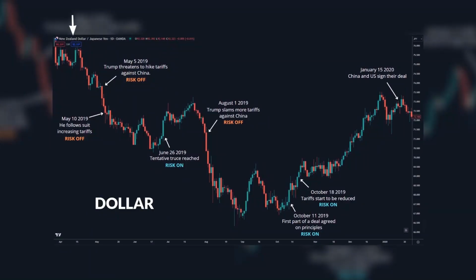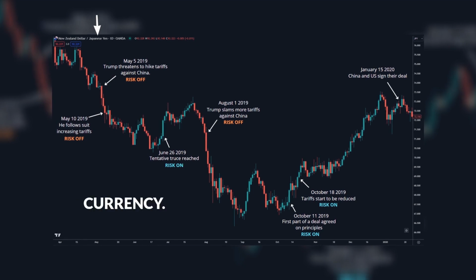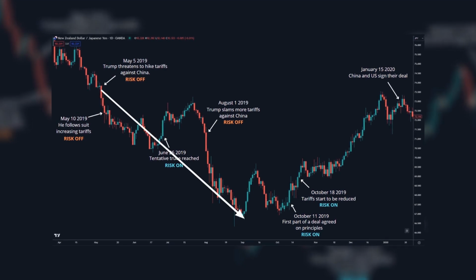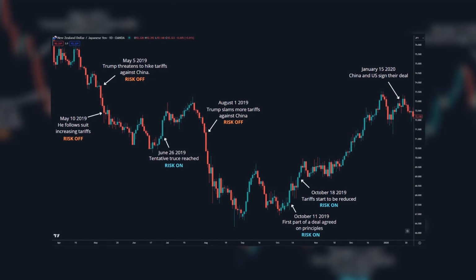Now, if you remember, in another video I've already mentioned the US versus China trade war back in 2019. That's not a perfect example, because here's the New Zealand dollar, a high beta currency, against what? The Japanese yen, a low beta currency. And you can clearly see two trends, bearish in the first half and bullish in the second half. So bearish during what?